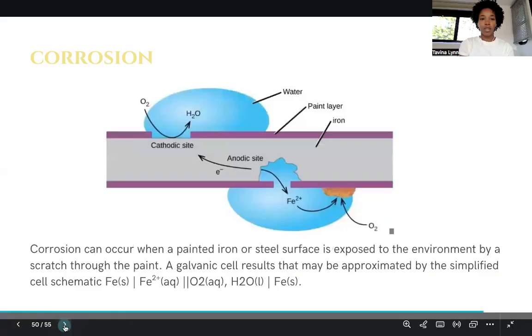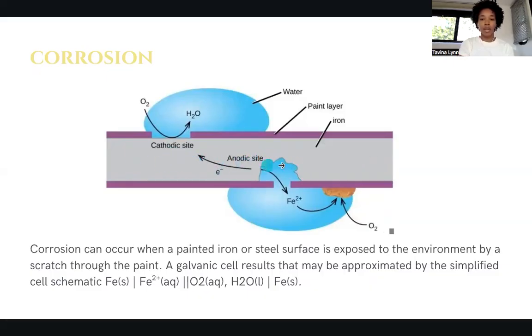So what happens in corrosion, so this silver part here can be an iron or steel surface that's then painted, which is shown as this purple layer here.